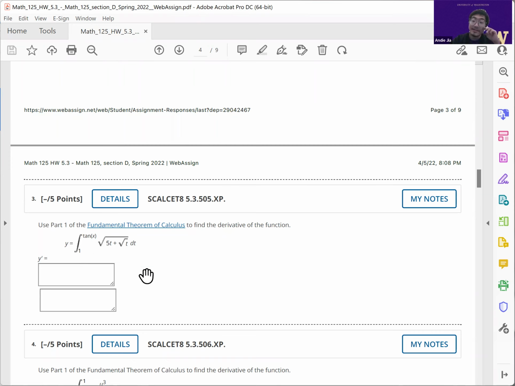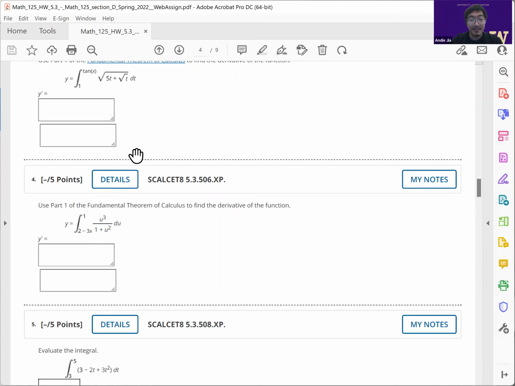And number 4 is another complicated one. Because you see a constant and a function, you need to split up the integral, and make sure the constant is on the top.